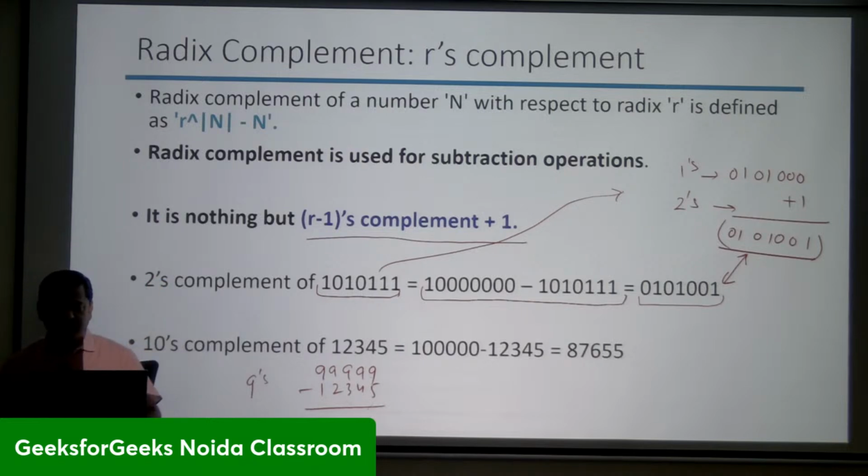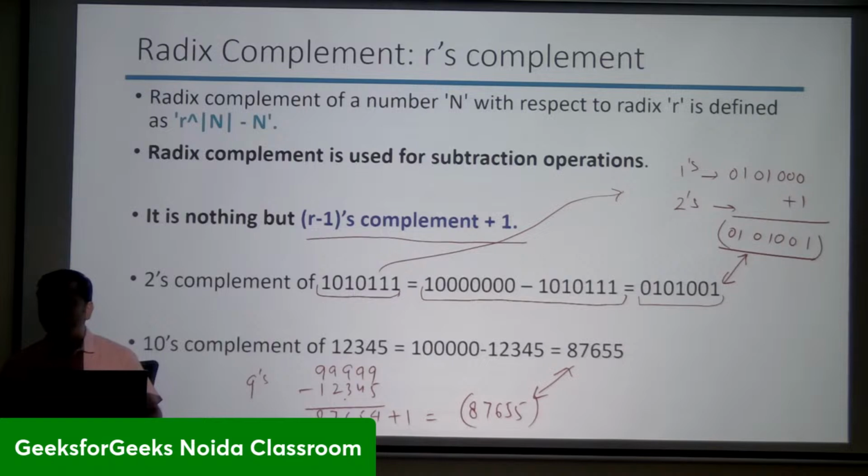We can easily compute the value over here. It is 4 5 6 7 8, and simply add one more to the last digit. In that case, it is going to be 87655, which is nothing but the same. So you get the 10's complement of this particular number.